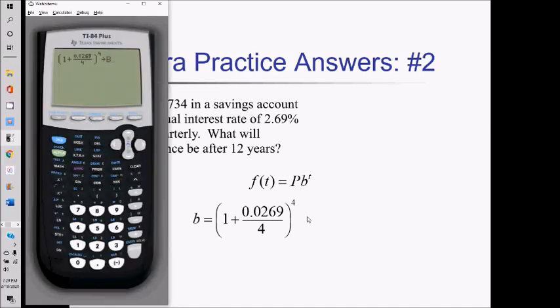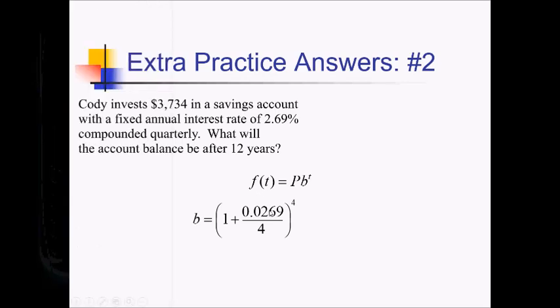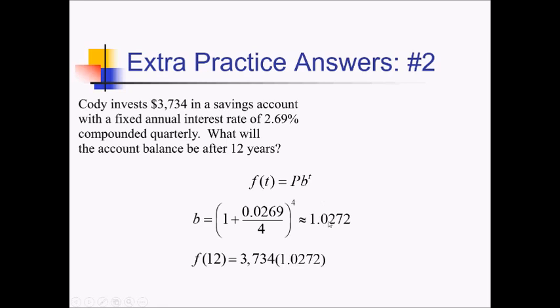Let me store this value on my calculator now. In addition to entering this in the calculator, I'm also storing this value as B, and this is about 1.0272, but again, I'm going to use the true value on the calculator. So now plugging all this in, we've got my principal of 3,734 going in for P, and this is going to be the B value we just found, raised to the power of 12, because the time is 12 here.